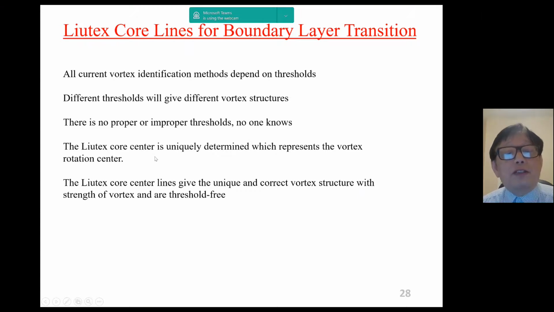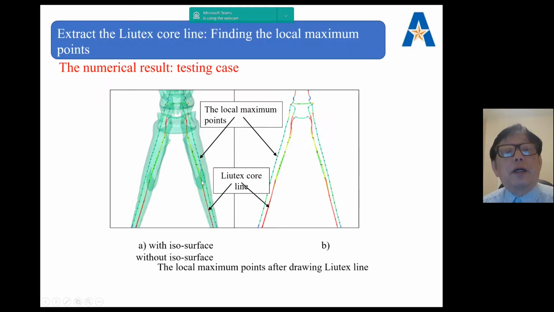The Nutex core center is uniquely determined, which represents the vortex rotation center or axis. The Nutex core center lines give the unique and correct vortex structure with the strength of the vortex and are threshold free. So we look at some examples.